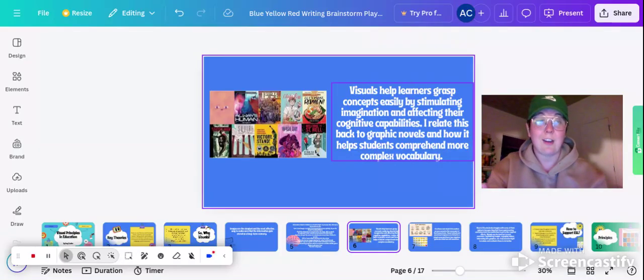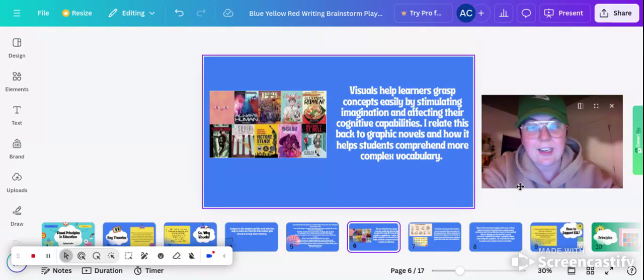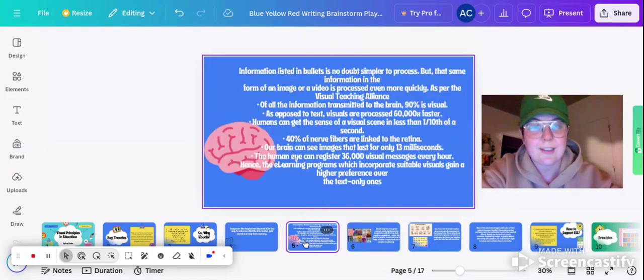Believe it or not, there's a misconception about whether graphic novels are developmentally appropriate, but they actually contain a lot of high rigor when it comes to the language involved. So this would be another great example of how visuals are used in the learning process.